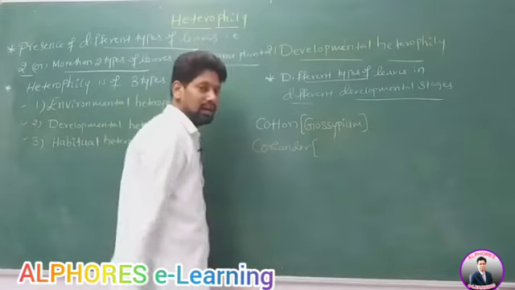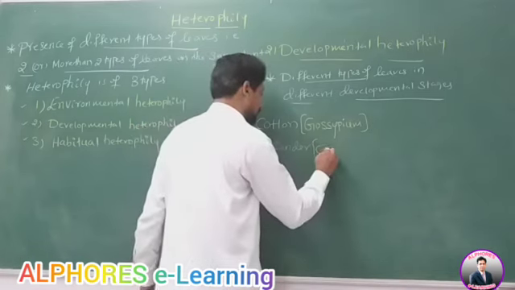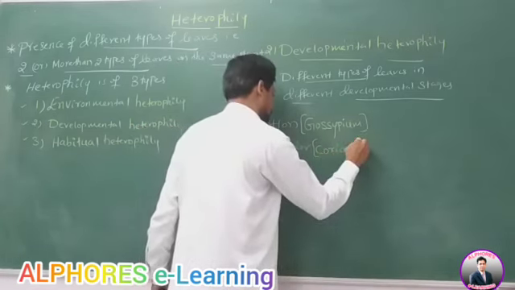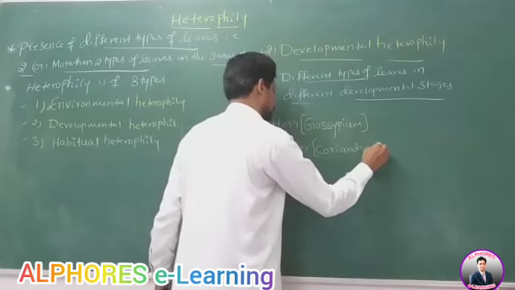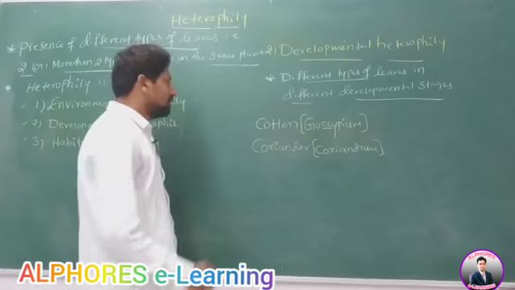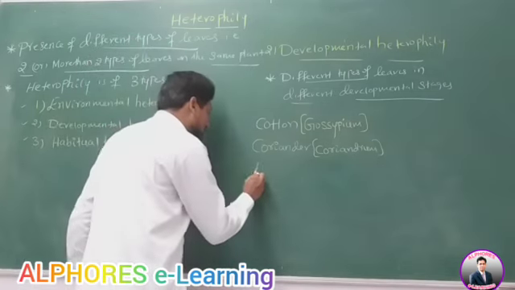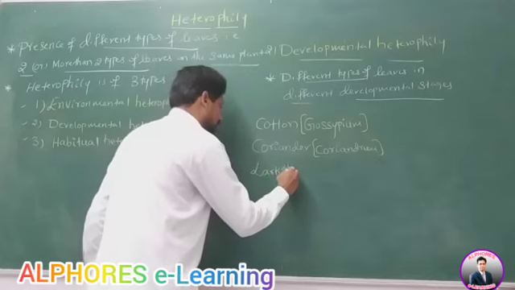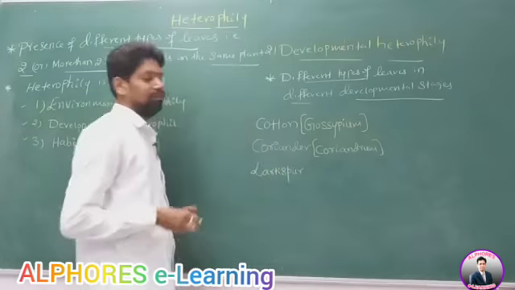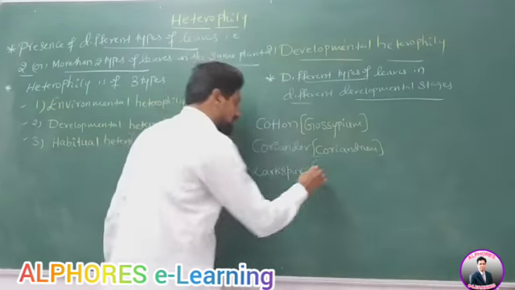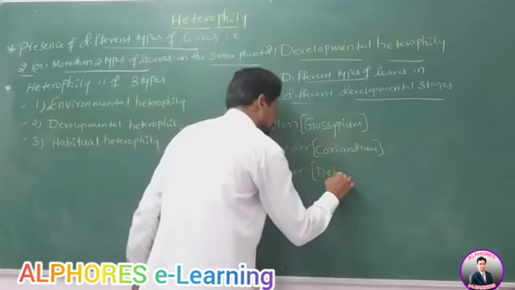The genus word of coriander is Coriandrum, Coriandrum sativum. Third example is larkspur. The genus word of larkspur is Delphinium.